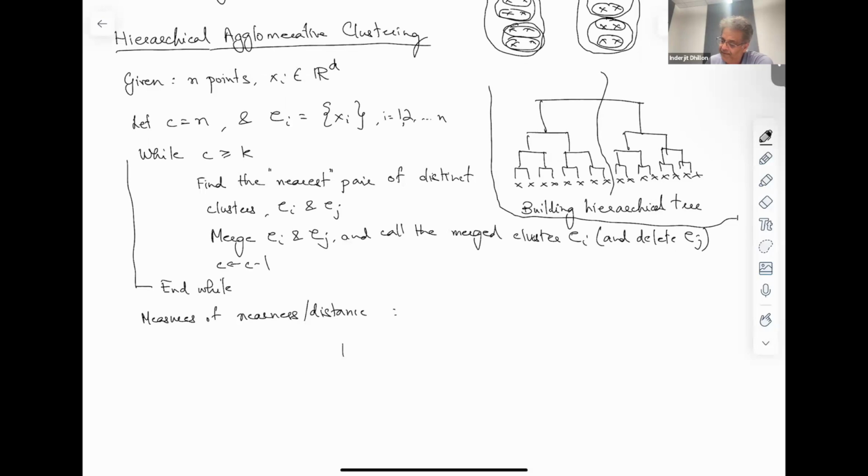So if I have x minus x prime, I can take a distance. You can take L2 distance, L1 distance, whatever. But remember, x is one of the points in Ci. So what you can do is you can take the minimum of these distances, where x belongs to Ci, x prime belongs to Cj.